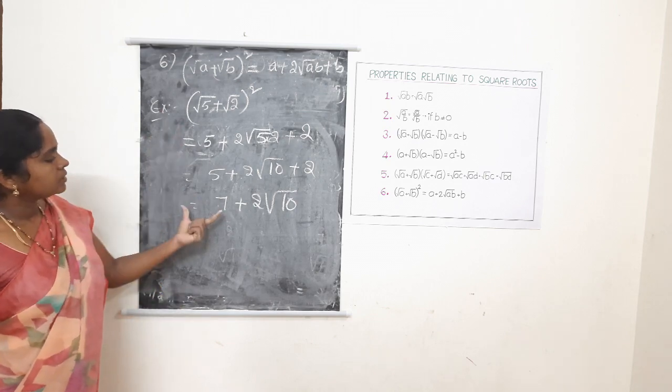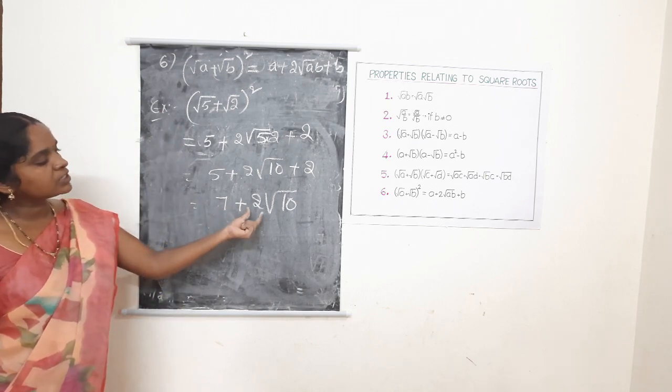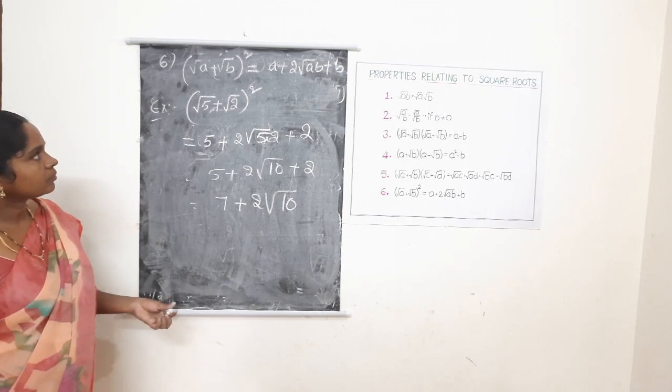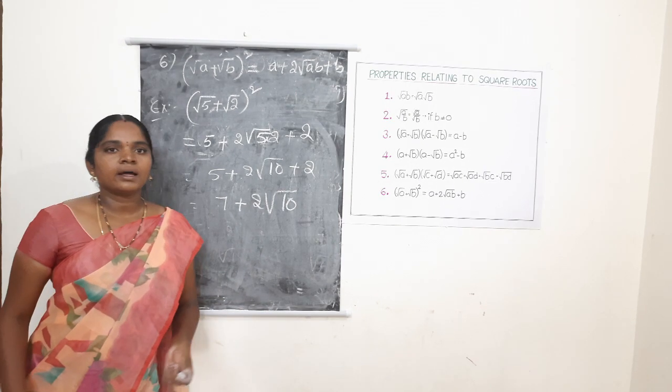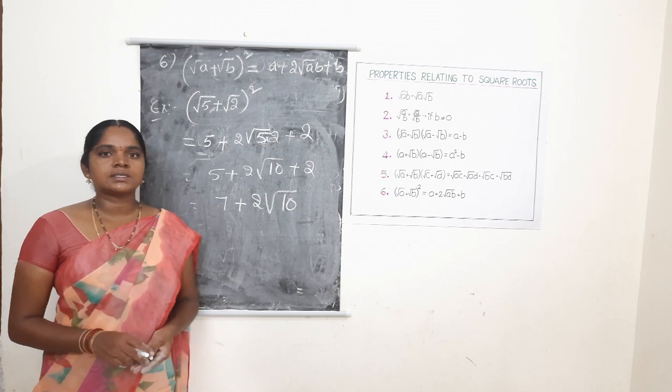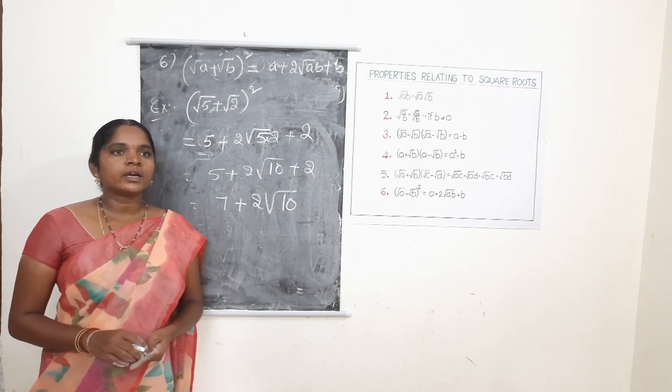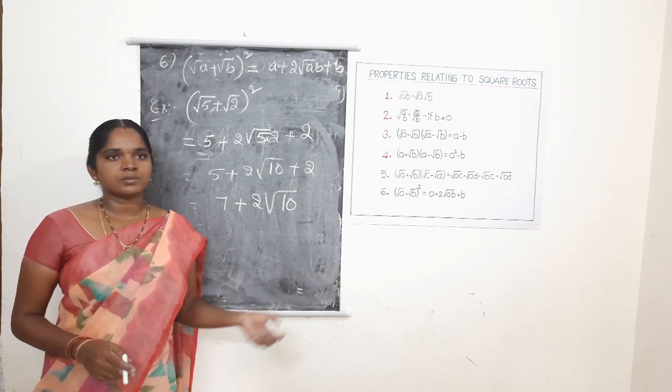So the result is 7 + 2√10. These are the properties related to square root problems.